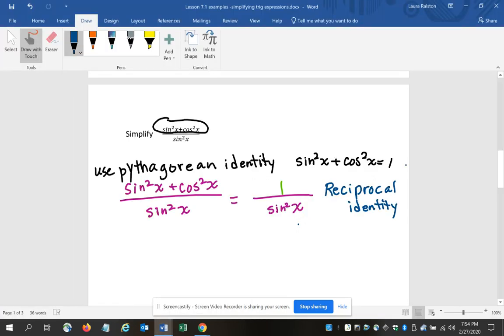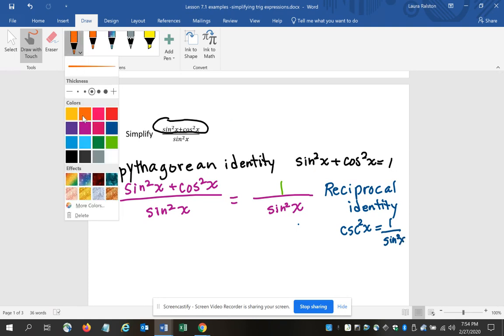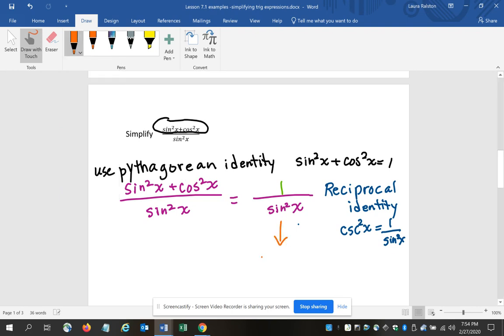So I'm going to use the reciprocal identity that cosecant squared x is 1 over sine squared x. So again, it's really a direct substitution. By definition, 1 over sine squared x becomes cosecant squared x, which would be your final answer. It is in simplified form at that point.